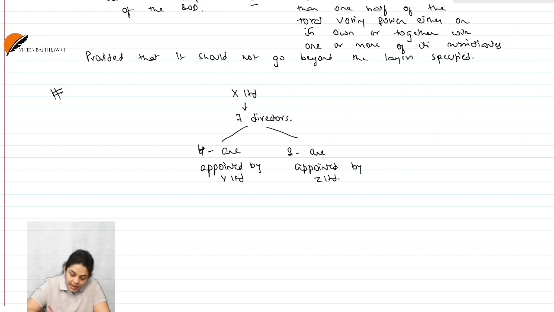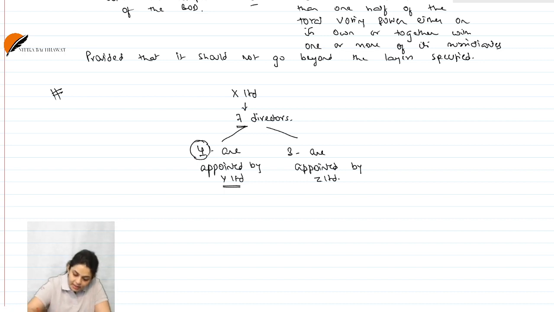Now, can I say Y Limited controls the composition of the board of directors? What is the total number of directors? 7, of which 4 are appointed. What is the majority of 7? 4. 4 are appointed by Y Limited.